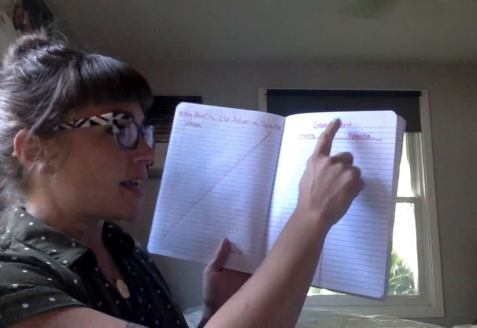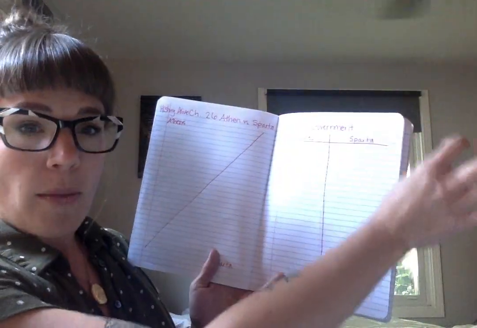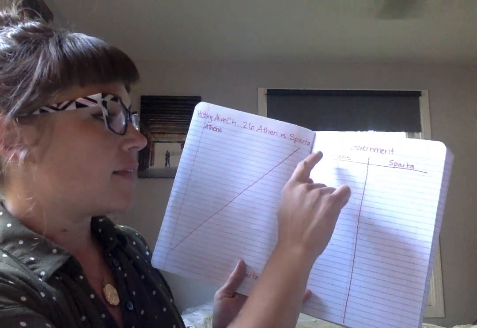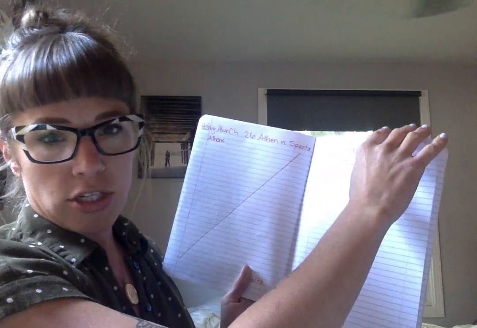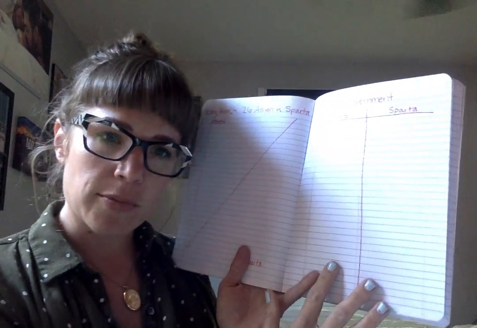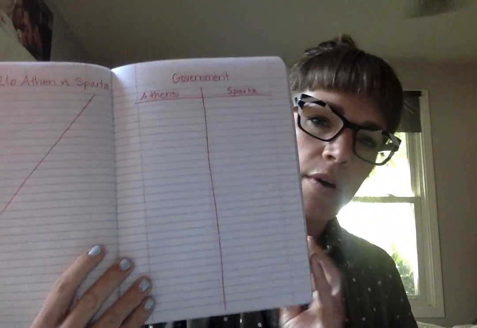And then I would make a T-chart where you have the first topic, government, and then you'd have Athens and Sparta information on both. So you'd have to flip-flop through the chapter, but then you have everything about government for the two city-states on one page, and then you'd flip the next page, and it would have economy for Athens and Sparta and education for Athens and Sparta, and then the last one would be women and slaves in Athens and Sparta.